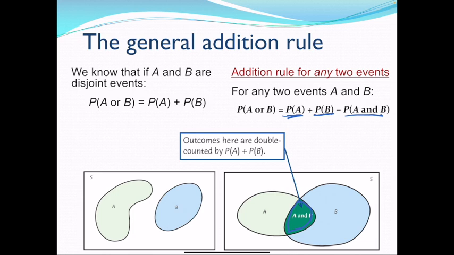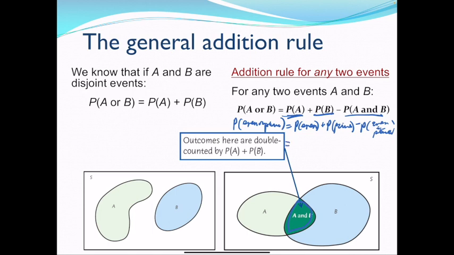So if I have the probability of rolling an even or prime, we have the probability of rolling an even plus the probability of rolling a prime minus the probability of even and prime. And means both, intersection.